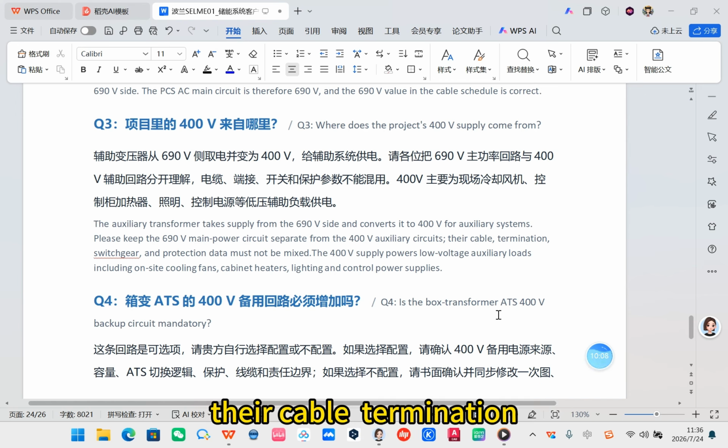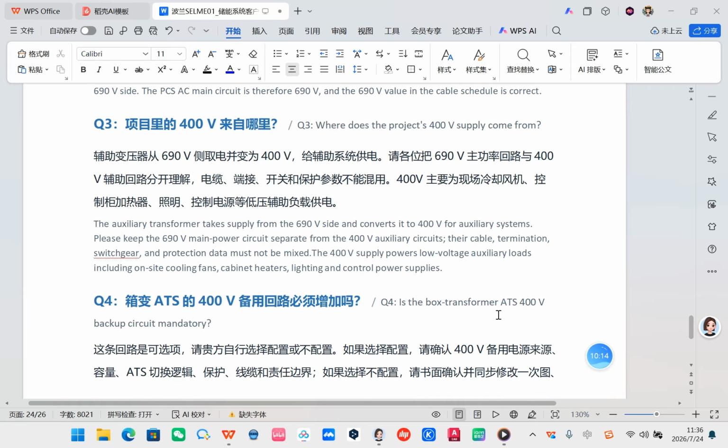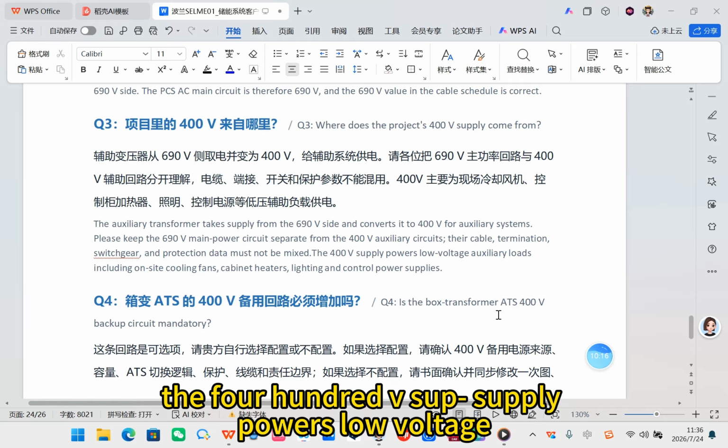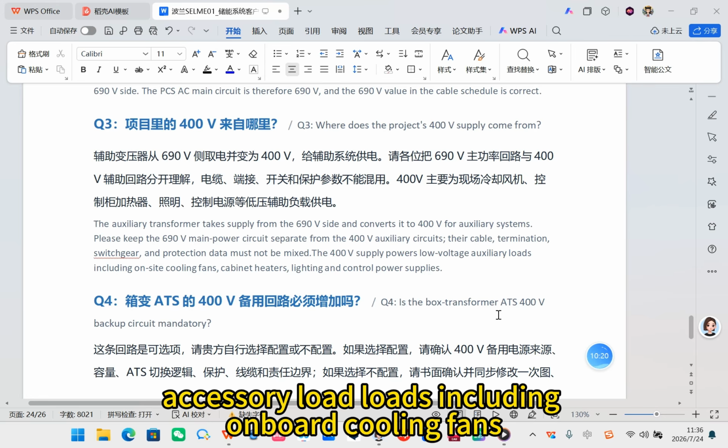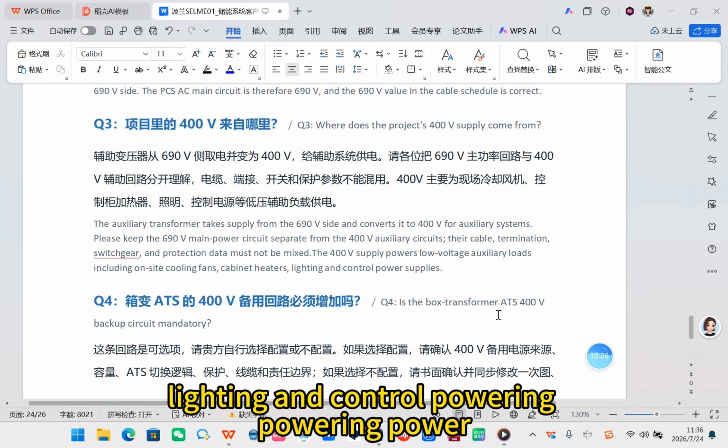Their cable, termination, switchgear, and protection data must not be mixed. The 400V supply powers low voltage auxiliary loads, including on-site cooling fans, cabinet heaters, lighting, and control power.